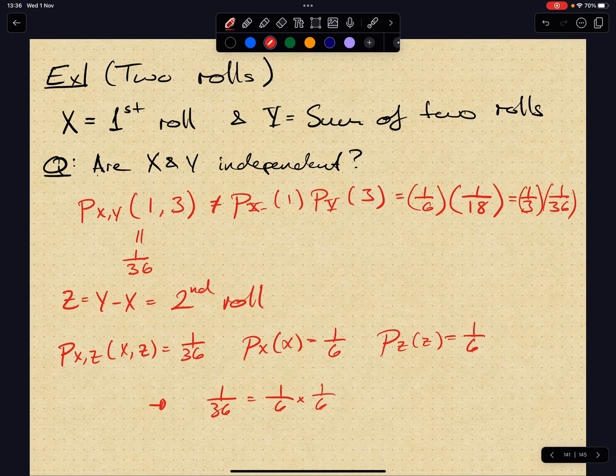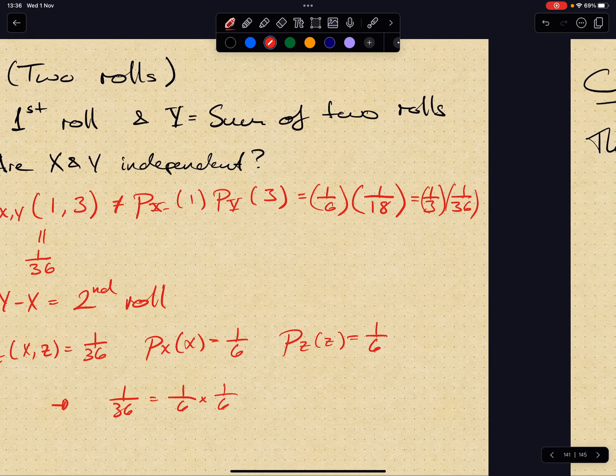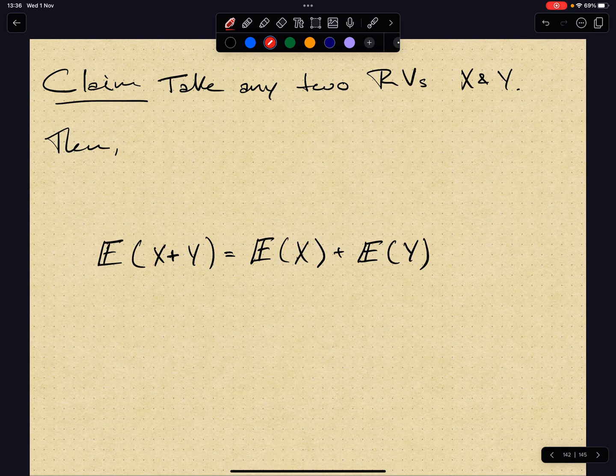So for independent random variables, the key takeaway is that the joint density function is the product of the marginals. Now, let's go to the last claim for this lecture. And this is that the expected value is linear for any two random variables. Again, we just did the independent case, but this is actually true for any random variables X and Y. X and Y could be dependent, and what we have here is that you can take the summation outside of the expected value.